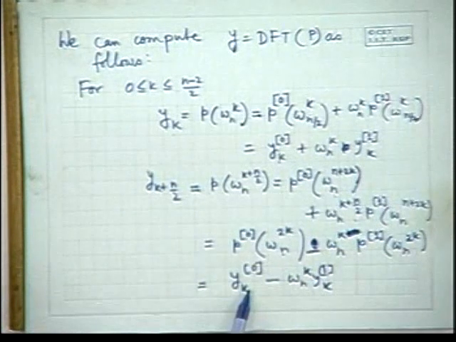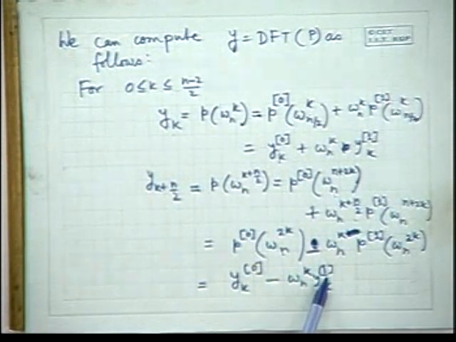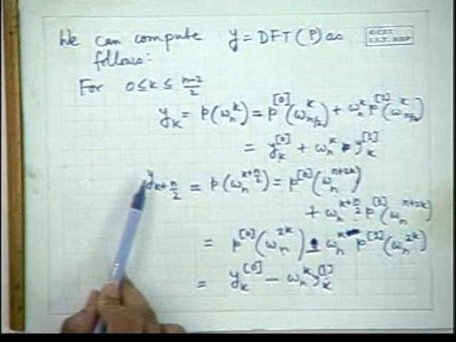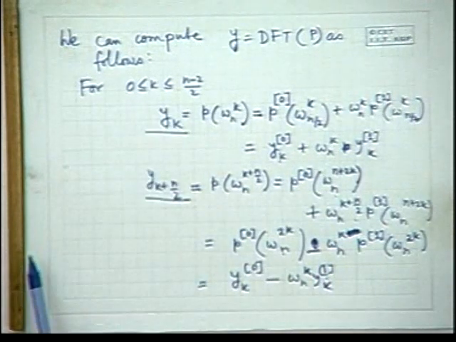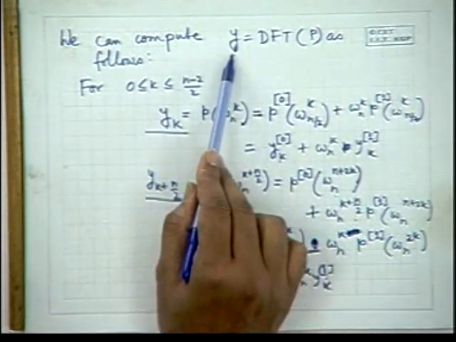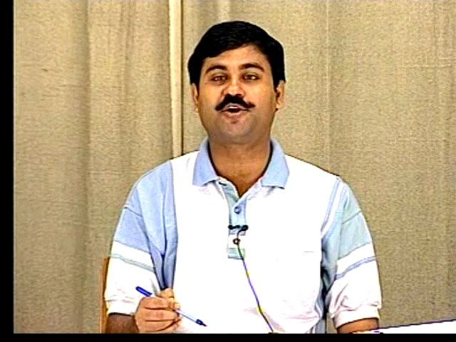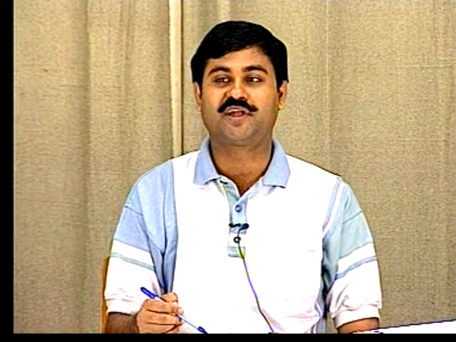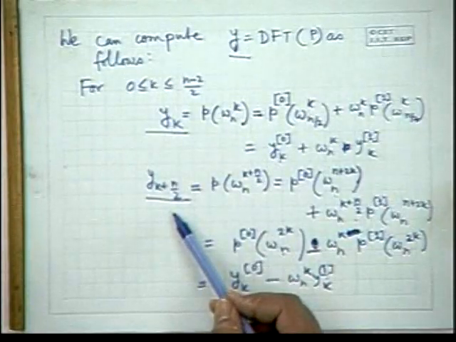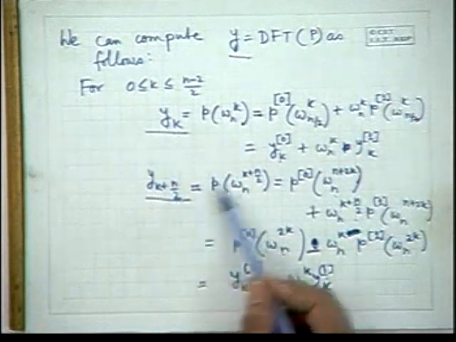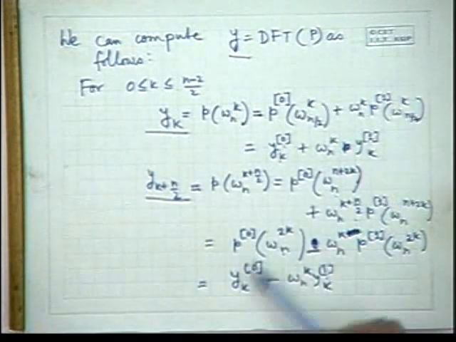So again, from these two DFTs, y0 and y1, you are constructing the two halves of the DFT of P, and this gives you the major tool for your divide and conquer. So in the divide step, you compute the DFT of the two parts recursively, then compute the elements of the DFT of P from y0 and y1 using this formula.